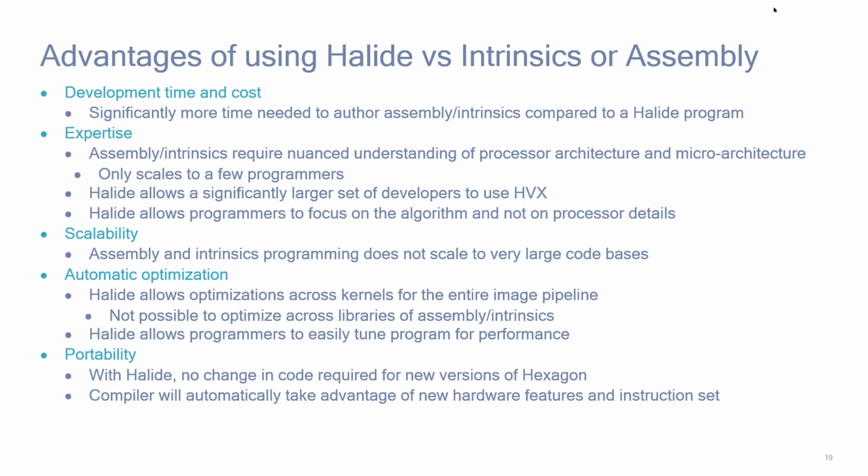Of course, Halide programs are scalable. You can write very large programs. It is the same C++ kind of structure, but intrinsics or assembly programming is not scalable for very large programs. There are automatic optimizations possible. Portability with Halide: no change in code is required for new versions of Hexagon or the DSP or underlying architecture. The compiler will automatically take advantage of new hardware features and instruction sets.